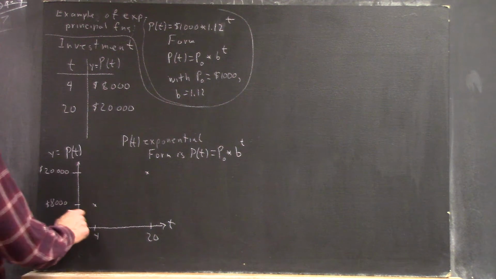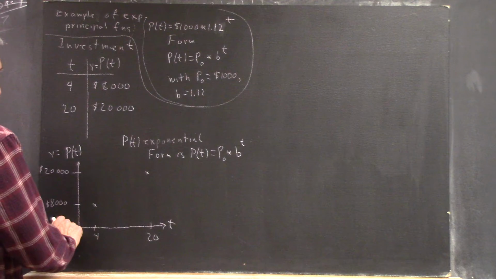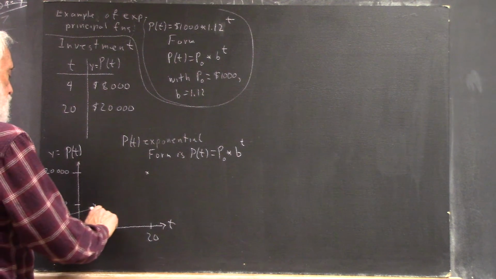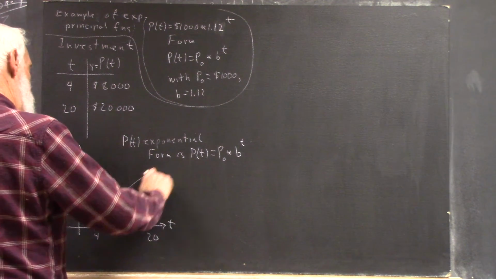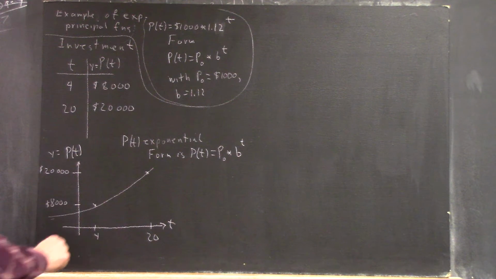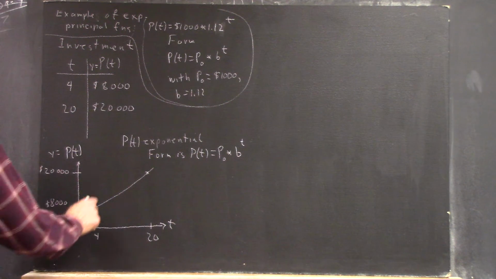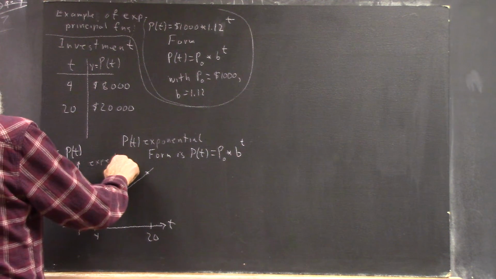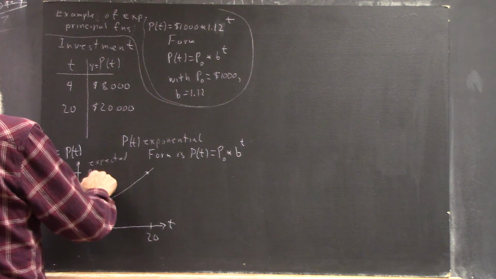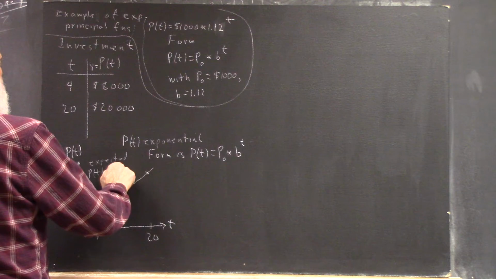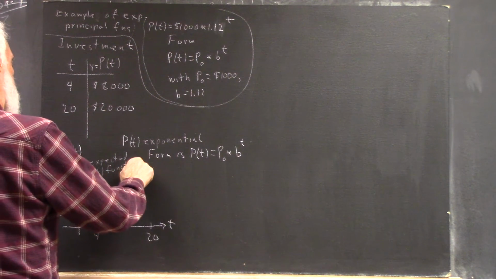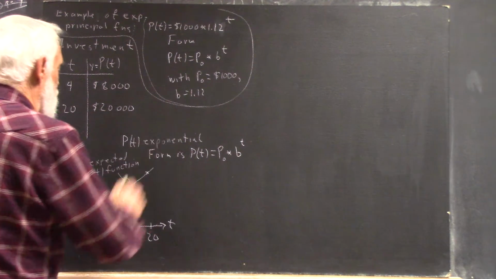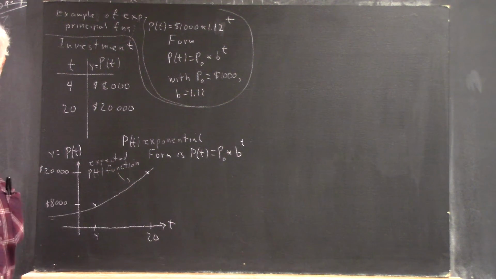So we expect that we have some kind of a curve here. We have some expected P of t function, this curve, that has these points on it.